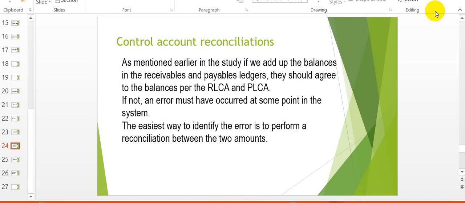If we add up the balances in the receivables and the payables ledger, and they don't agree with the balances as per the receivable ledger control account and the payable ledger control account respectively, an error must have been made.